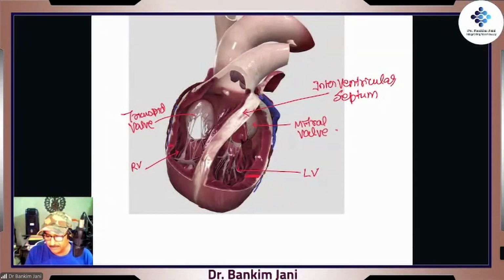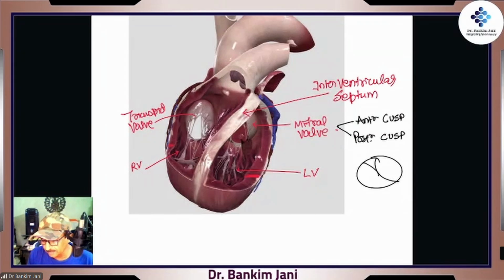Now the cusps. In the mitral valve, as we said, there are 2 cusps, right? So there is the anterior cusp and the posterior cusp. Cusp means like a cup shape, right?